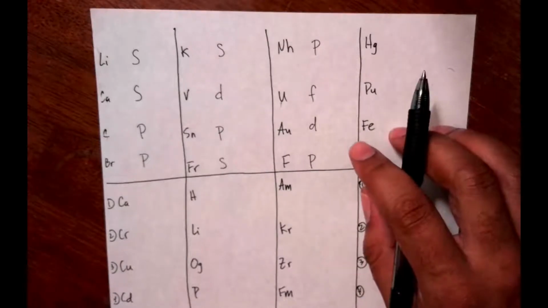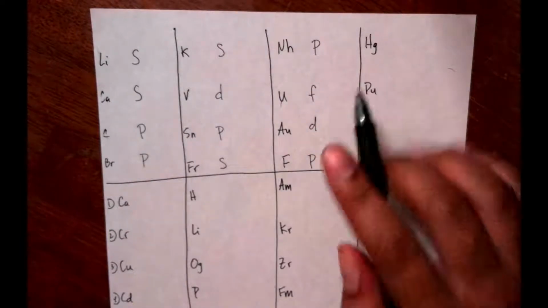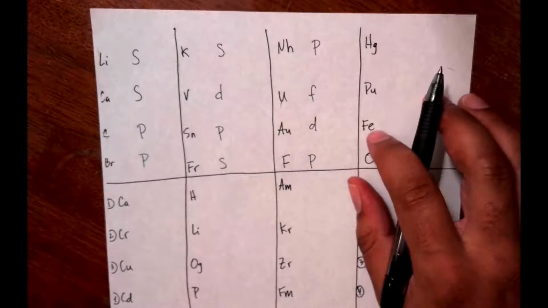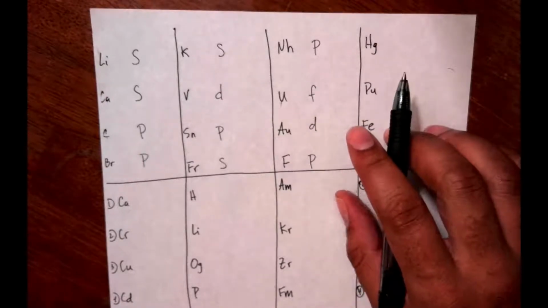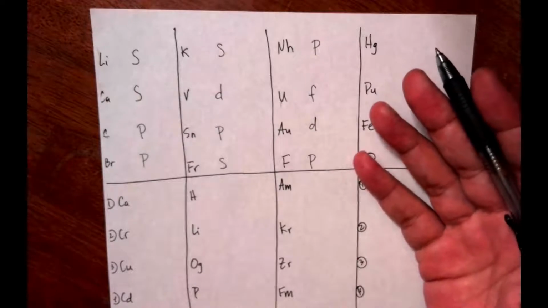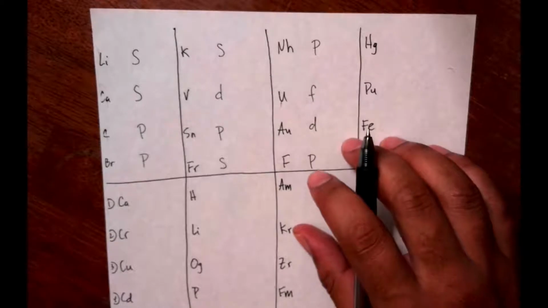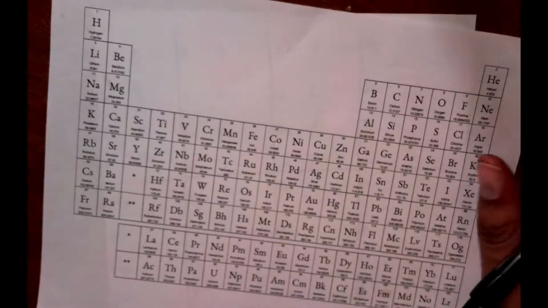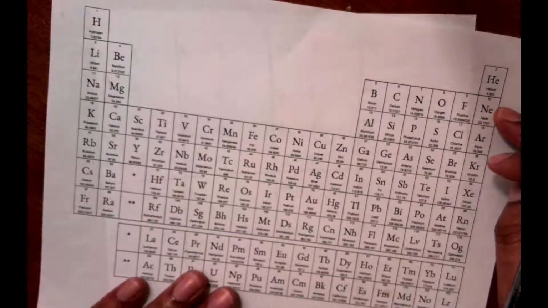If you have any problems with this part, finding the element on the periodic table and then figuring out which letter it goes to, it's important that you contact me as quickly as possible. If you're good with that, then I'm going to move on to the next layer of complexity, which deals with what floor the element is on. So if this is the magical apartment complex, we've already identified what tower or what block the element would be in.